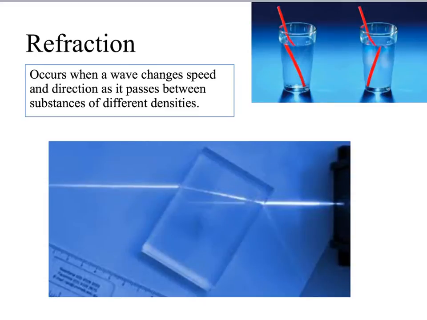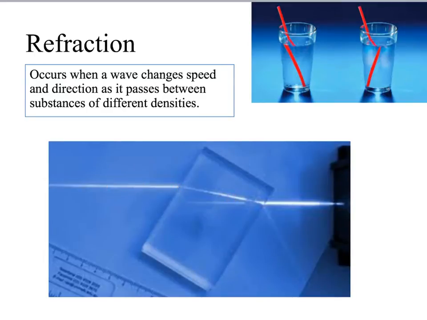We can see that when the light travels through the air at this point here where it meets the glass block, most of the light doesn't continue in the same direction. It actually changes direction. The light changes direction again as it leaves the glass block. So rather than getting light travelling straight through and coming out this way, we end up with 2 points where the light changes direction.